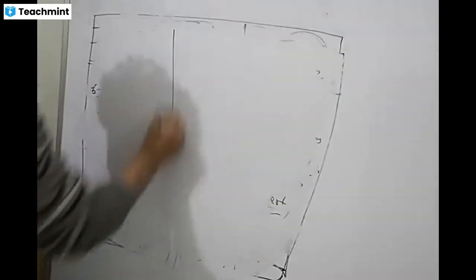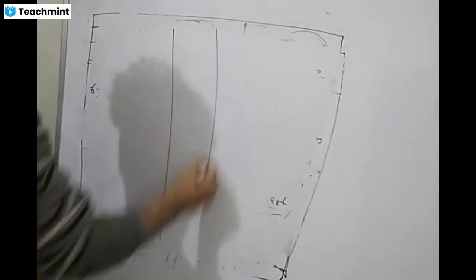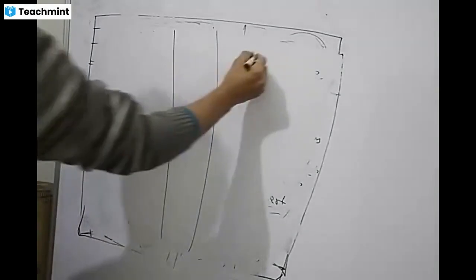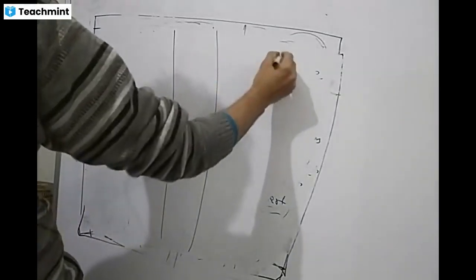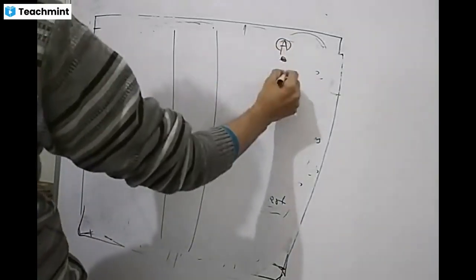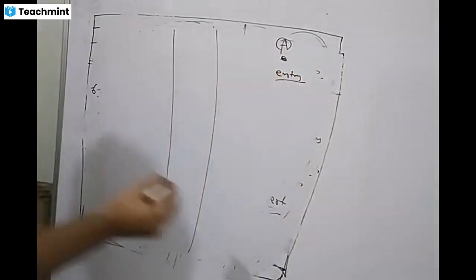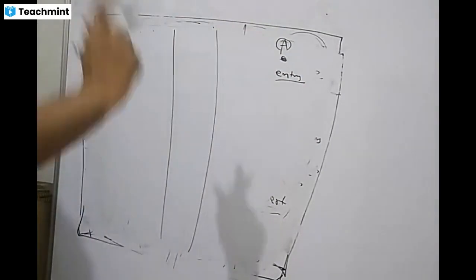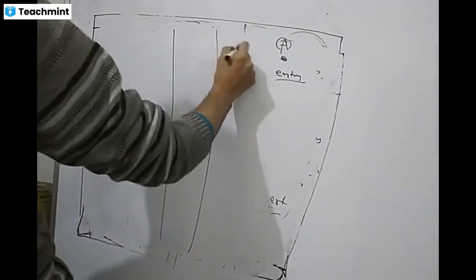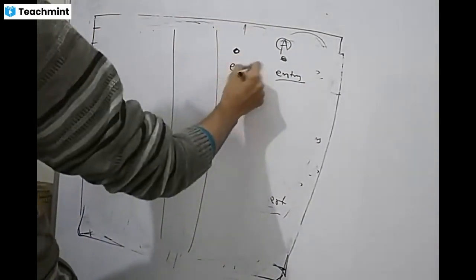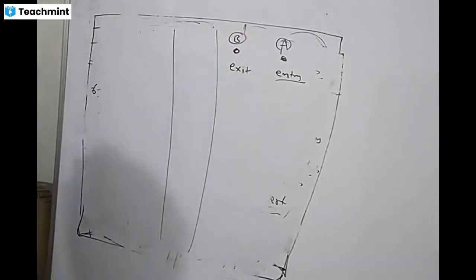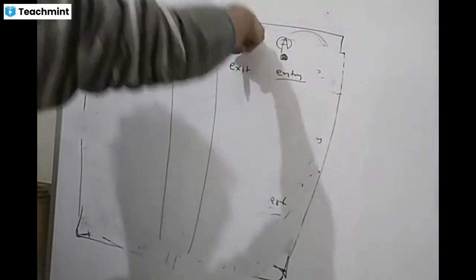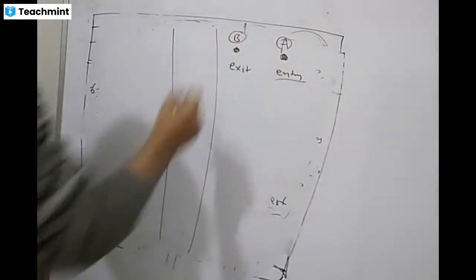Suppose these are the two edges of the wound and this is the incision line. We start from point A. We enter from this point. Then on the same side without crossing the incision, we exit at point B. So first entry at point A and then exit at point B.